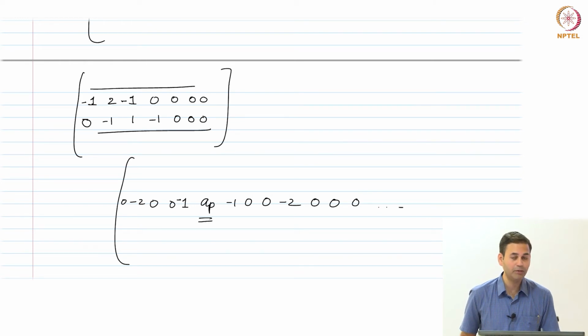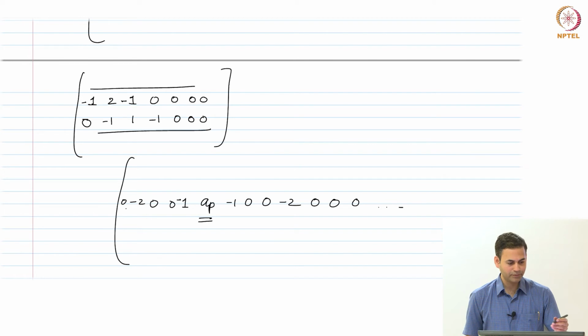Then what would AP be? AP should be greater than or equal to 1 plus 1 plus 2 plus 2, so greater than or equal to 6, the sum of all the elements in that row. We will come to that when we do the 2D diffusion equation. Other questions? No, clear? Okay, fine.